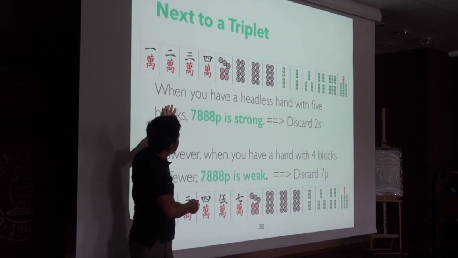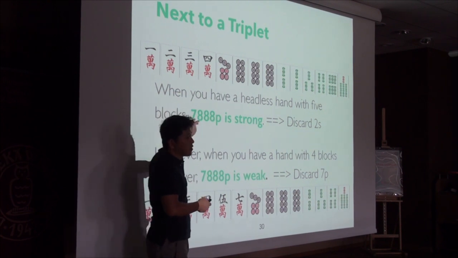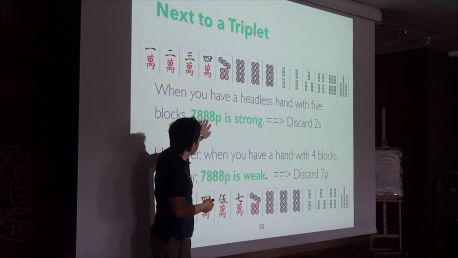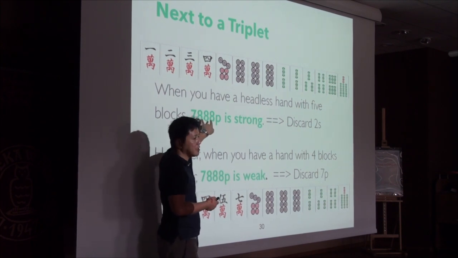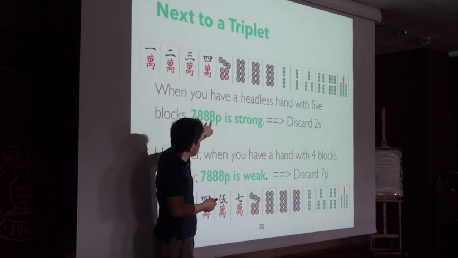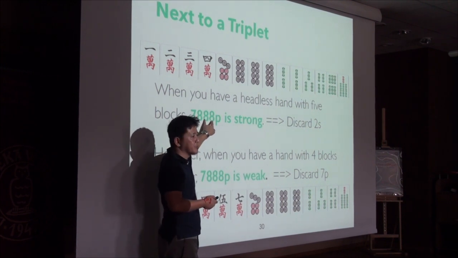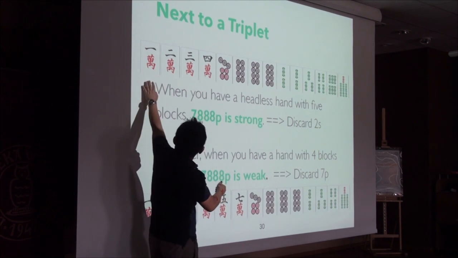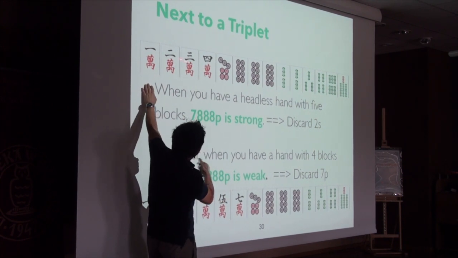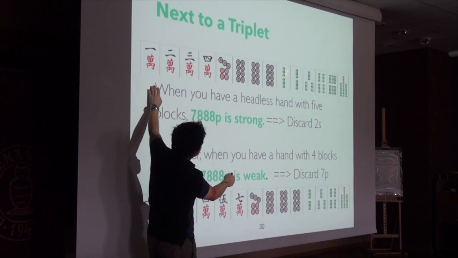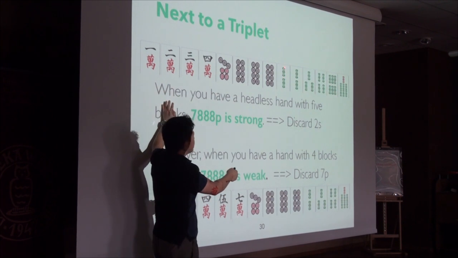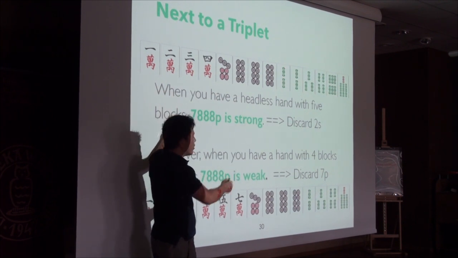So when your hand is headless with a sufficient number of blocks, a tile next to a triplet is actually strong. The choice here is between 1 character, 7 bamboo, and 2 bamboo. Among them, 2 bamboo is the least useful, so you discard 2 bamboo.